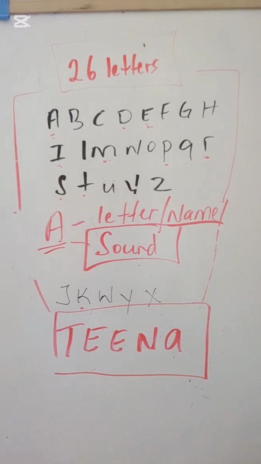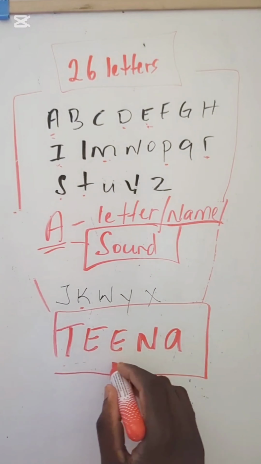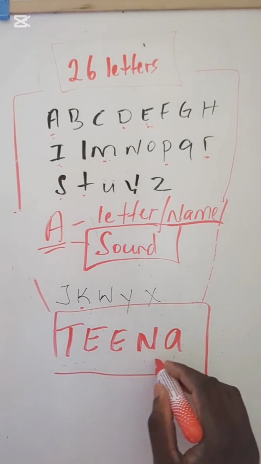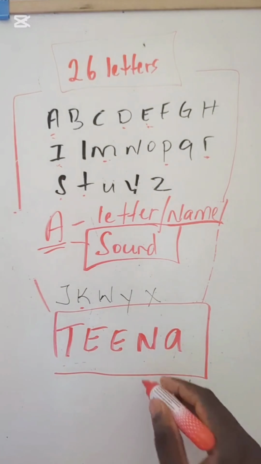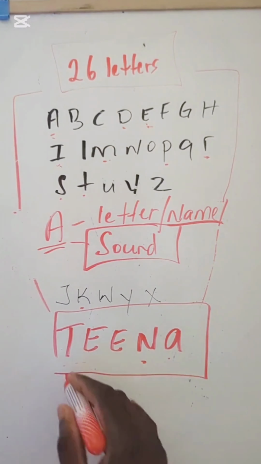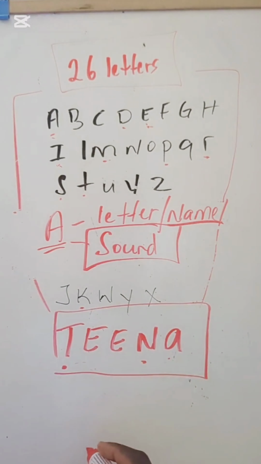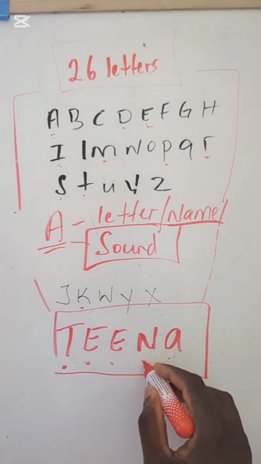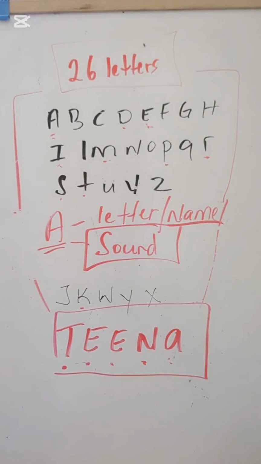But what most people tend to do is learn the alphabet A, B, C, D, E, F, G to Z. And when they start to learn to read, what they start to do is T, N, A. So a lot of people would read this, because they say T, E, E, N, A. T, N, A. So that's how they would read it.